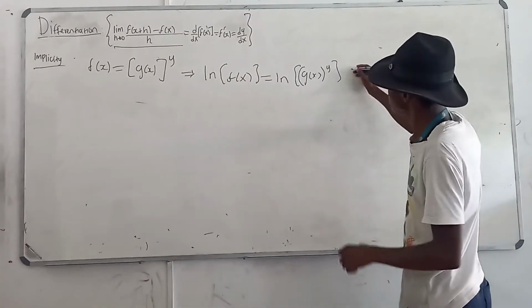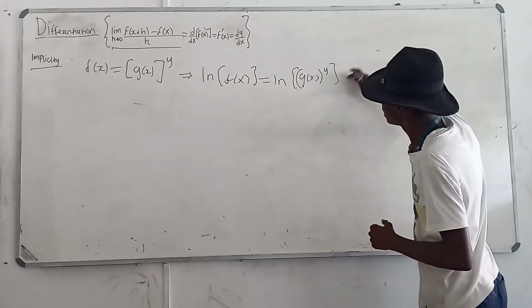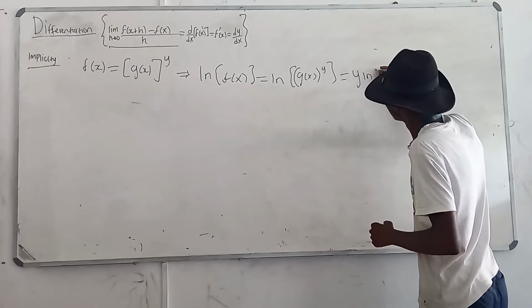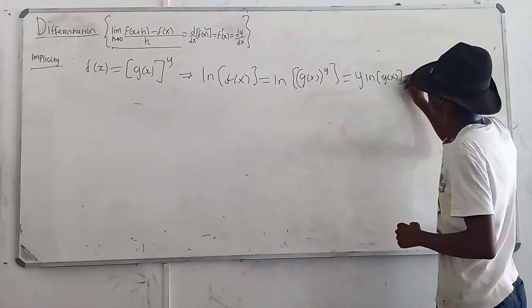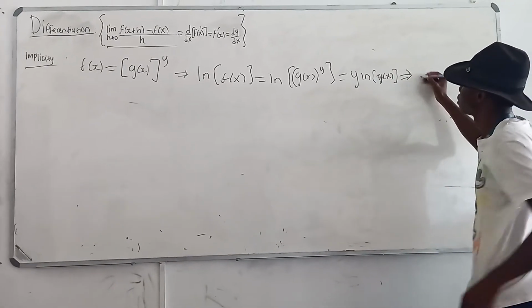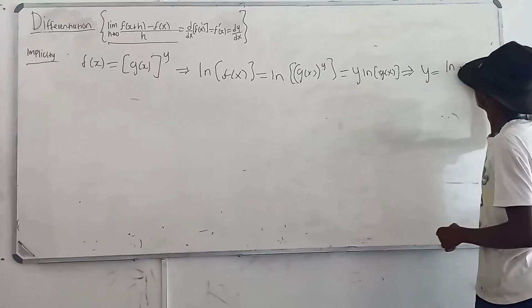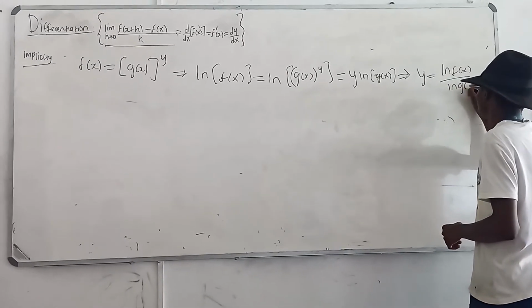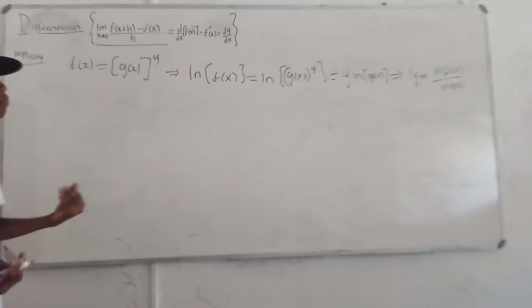As you can see, this is the same as y ln g(x), which will imply that your y can be written as ln f(x) all divided by ln g(x). And for you to find the derivative, it will be much simpler.